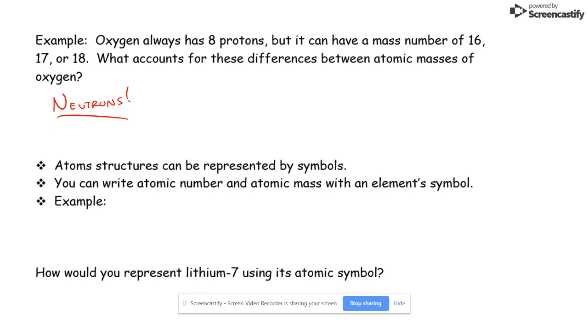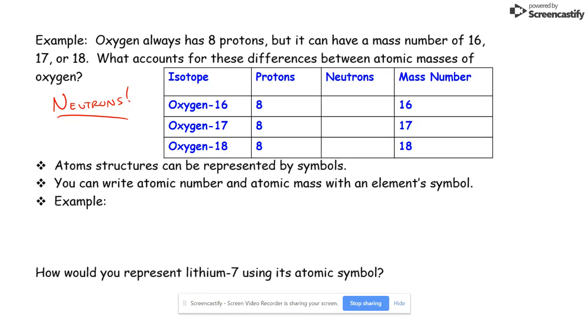So we've got this nifty little table here with our isotopes, oxygen-16, 17, and 18. Since they're all oxygen, they all have the same number of protons, because that's what identifies the element as oxygen. When we look at the periodic table, the atomic number happens to be 8, which means there are 8 protons.